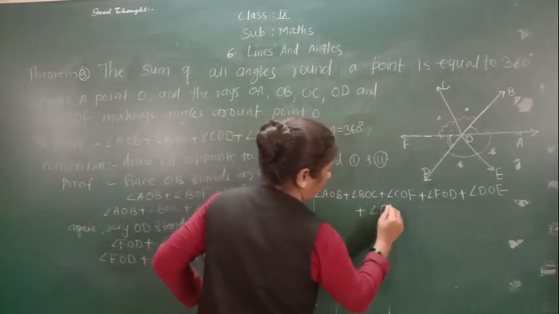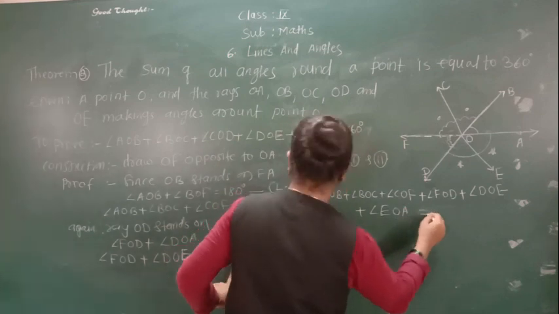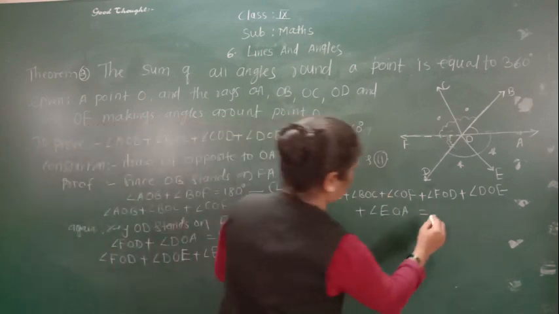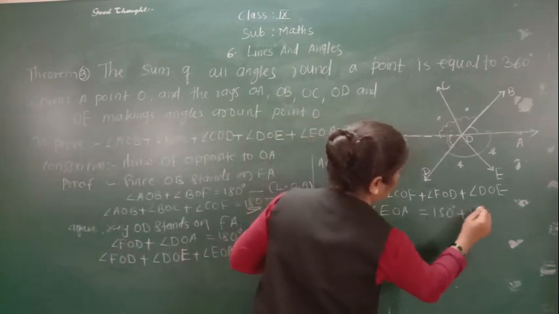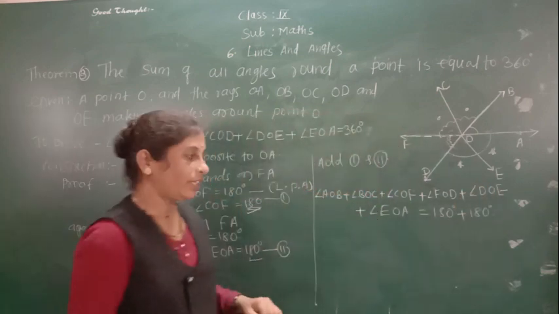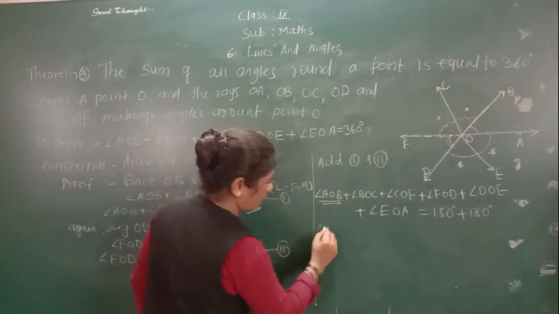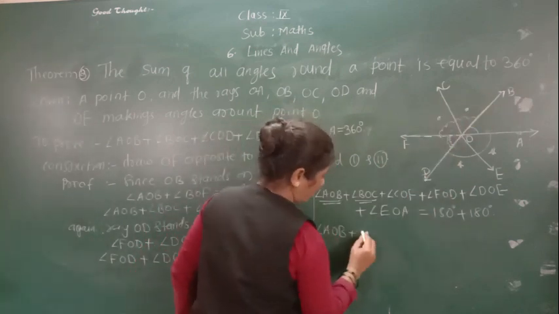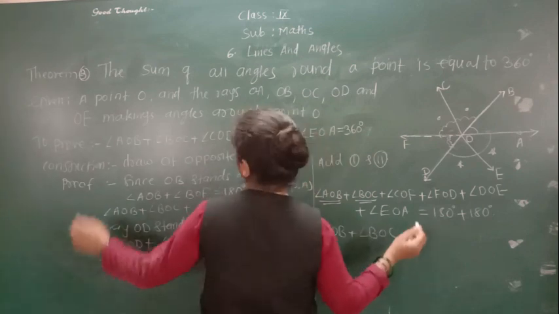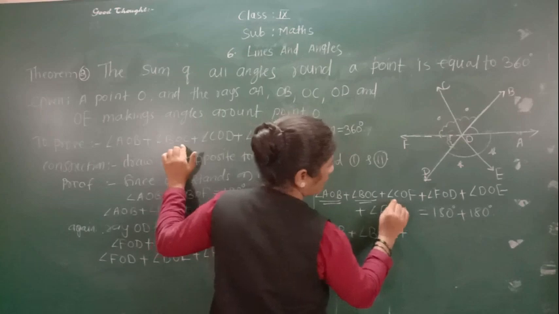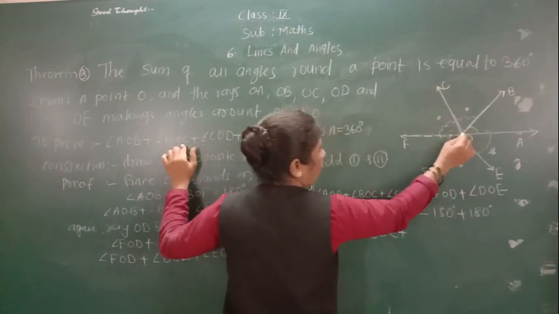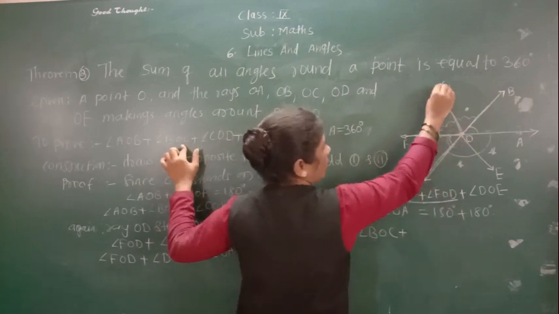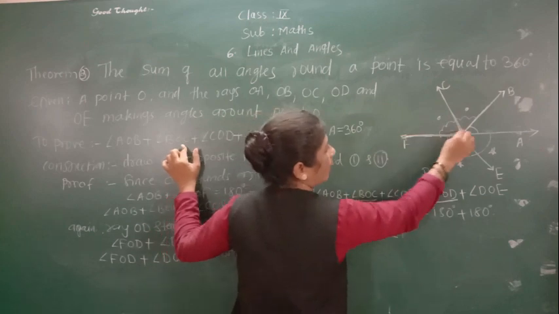Angle EOA is equal to, now right side for the first statement 180, for the second statement 180. So 180 degrees plus 180 degrees. Understood everyone? Now here AOB remains AOB, angle AOB plus angle BOC, plus angle COF, plus angle FOD.